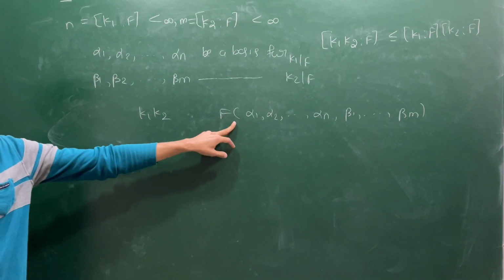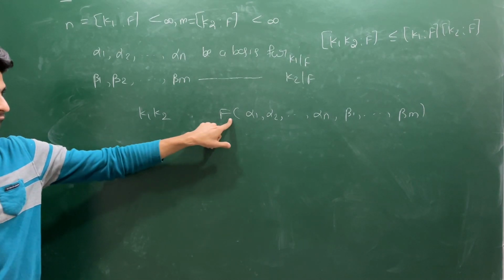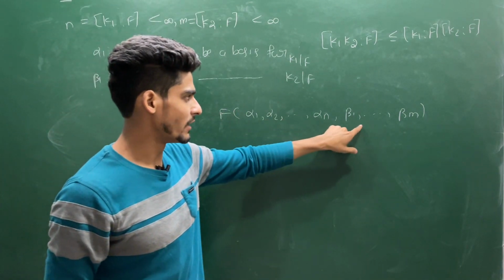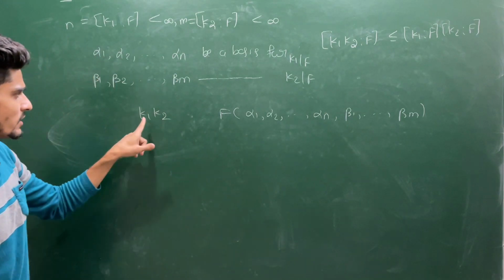What is the meaning of this? This is the smallest field containing F, alpha 1 up to alpha n and beta 1 up to beta m.